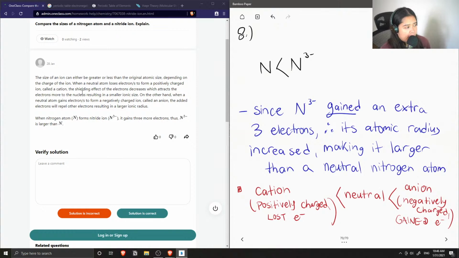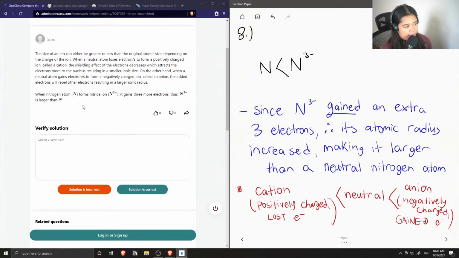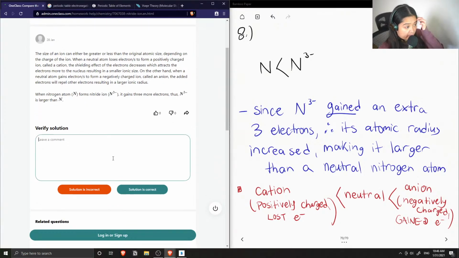On the other hand, when a neutral atom gains electrons to form a negatively charged ion called an anion, the added electrons will repel other electrons, resulting in a larger ionic radius. Okay, so this solution is correct.